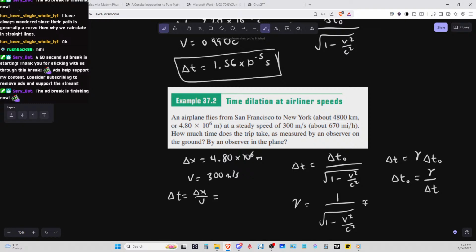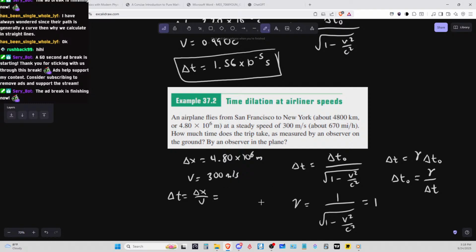Then, wow, so gamma is just 1 at that point. Well, it makes sense because it's nowhere near the speed of light, so basically both of them are the same time actually.